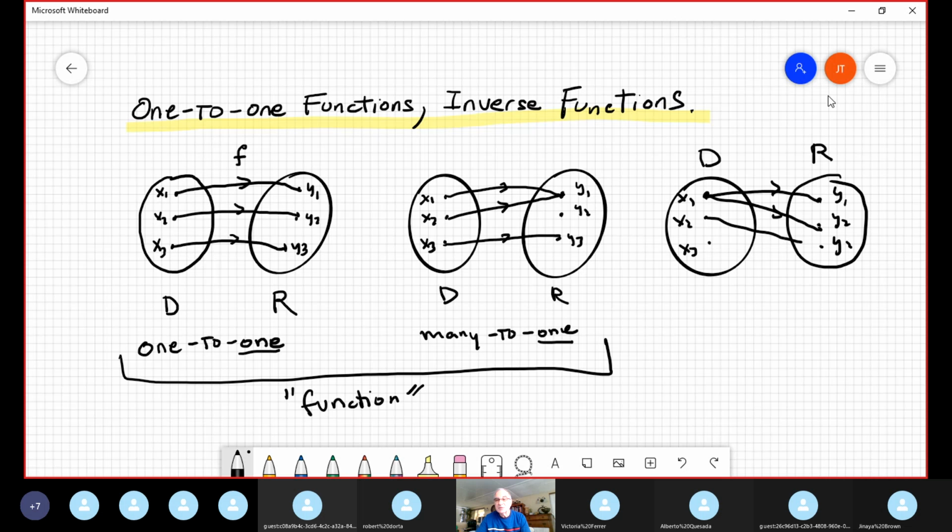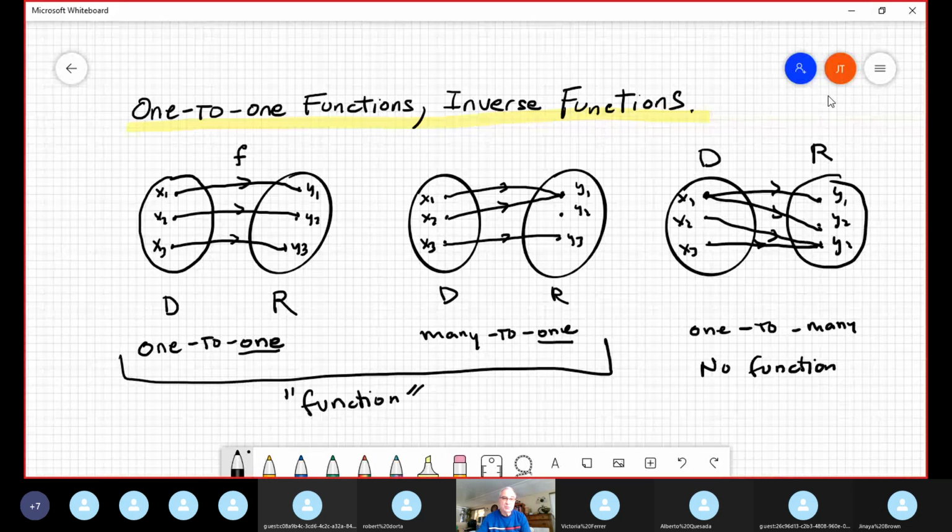For example, this and this. And suppose this and this. In this case, it is one-to-many. And one-to-many is a violation of the function. This is no function. Okay? No function.